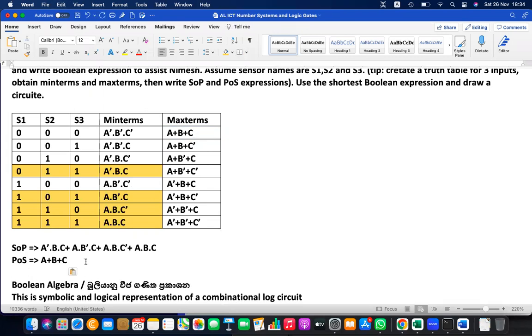Then you have to use AND. Okay, the second one is this. Here also you need 0. Here also you need 0. Here also you need 0.